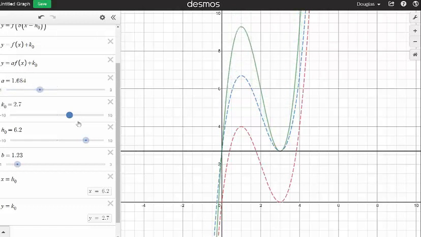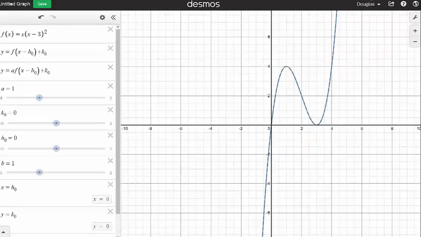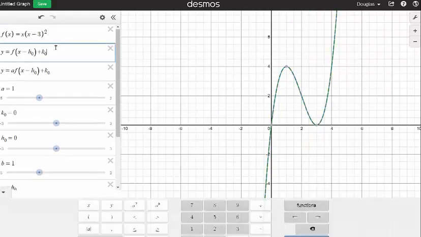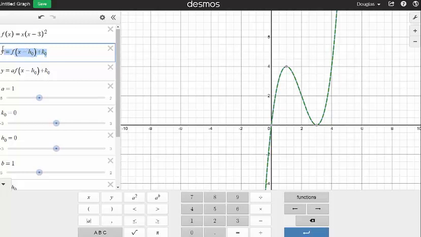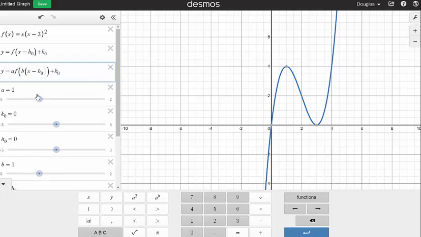Alright, so let's put everything together. Note how we've set this up. This is just a function being shifted horizontally and vertically, and this is the function when not only is it being shifted, but it's also being stretched. I'll include that right there so that we have everything included. Once again, this is the function just being shifted.